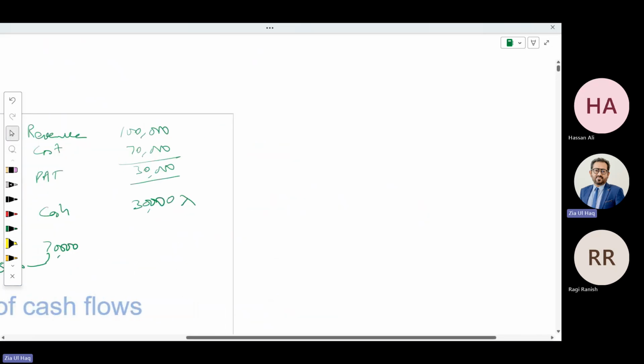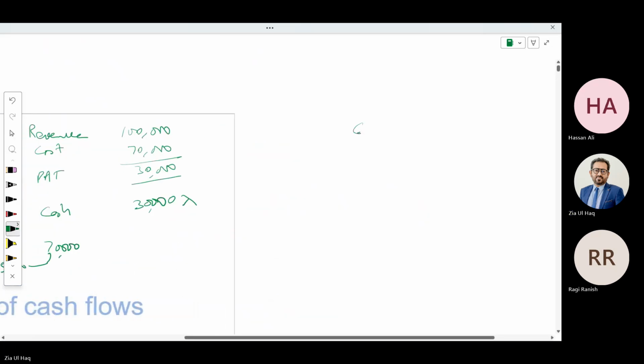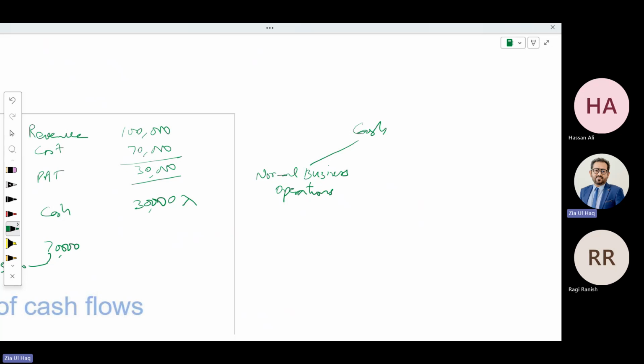Because business generates cash through normal business operations, meaning buying, selling of inventory, paying some business expenditure.